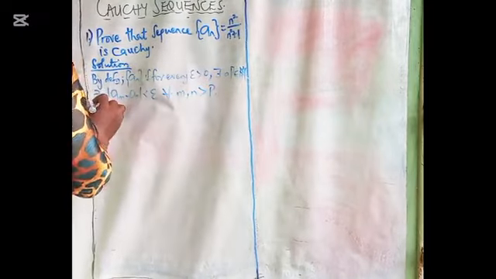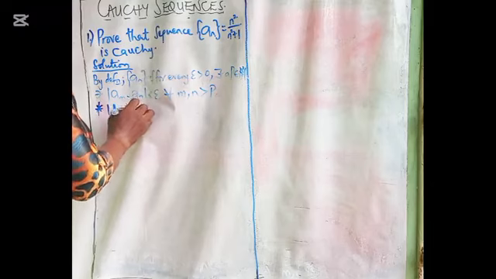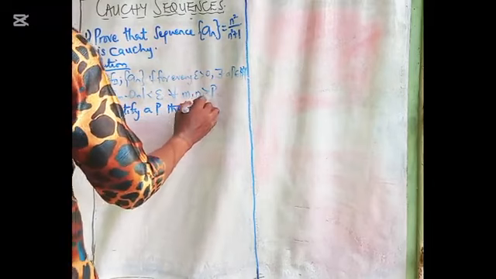Therefore, the first thing we need to do is to identify a p that works.